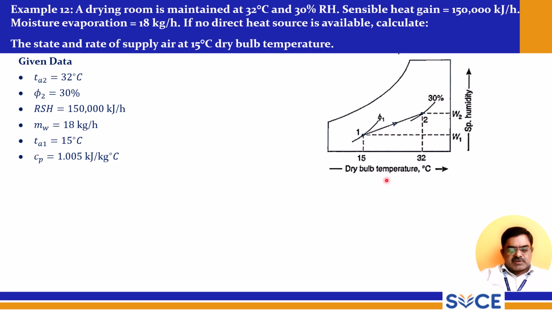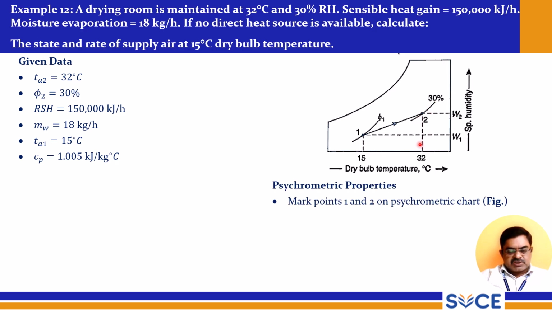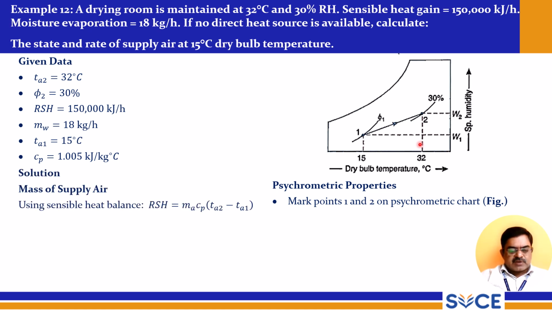So dry bulb temperature is 1 to 2. Now 15 and 32 are given. So the corresponding W1 and W2 and relative humidity of 30%, point 1 and point 2 are to be marked on the psychrometric chart, and then the mass of supply air.